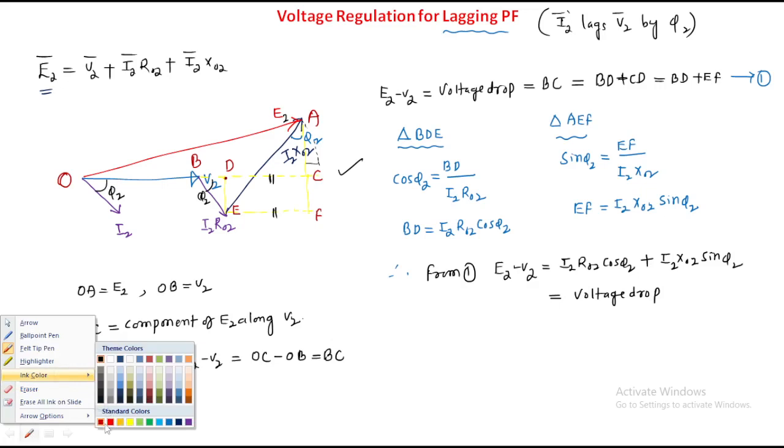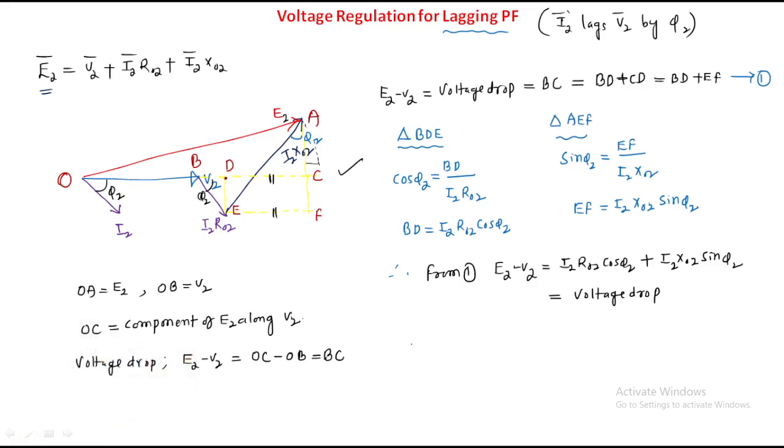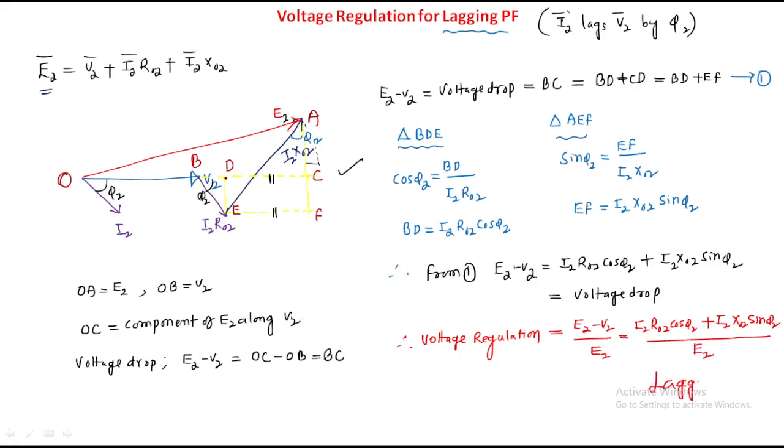Voltage drop in transformer from no load to full load, with respect to no load terminal voltage. Therefore, voltage regulation is E2 minus V2 by E2, which is equal to I2 R02 cos phi 2 plus I2 x02 sin phi 2 by E2 during lagging condition.